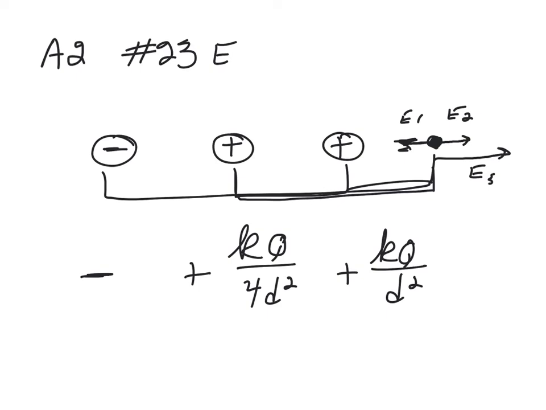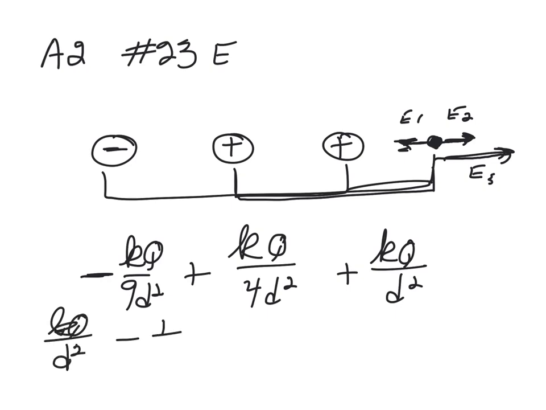We got to subtract it because it is negative, right? These two vectors are going to add. That's going to subtract, and so this is going to be a negative KQ over 3D squared, or 9D squared. So negative, when we factor out the K, Q over D squared, I'm getting sloppy, we have a negative 1/9, a positive 1/4, and a positive 1. So that's the coefficient. And if you get the coefficient of each of these, you can then rank them according to the ranking that you're asked to do.